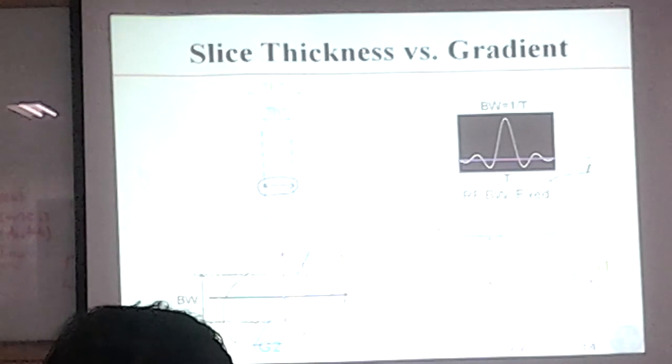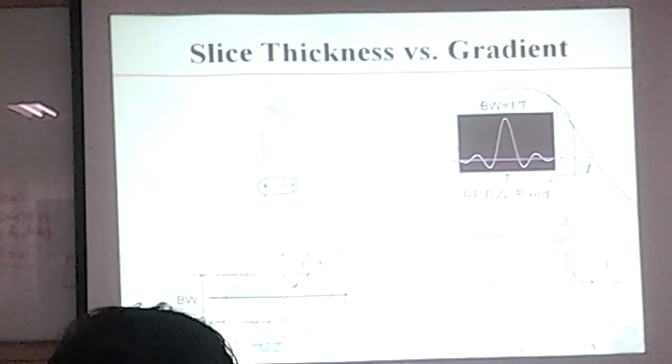That means the gradient field is a very strong field inhomogeneity. Okay? The FID should appear here, but due to the field inhomogeneity from the slice selection gradient, the signal decreases very, very rapidly like this.